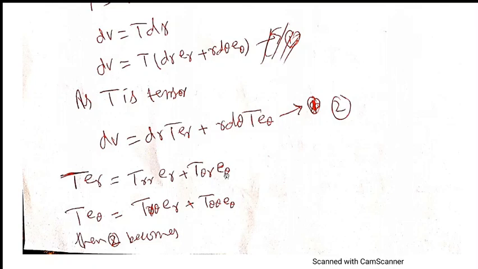And T of E theta equals Tr theta Er plus T theta theta E theta.